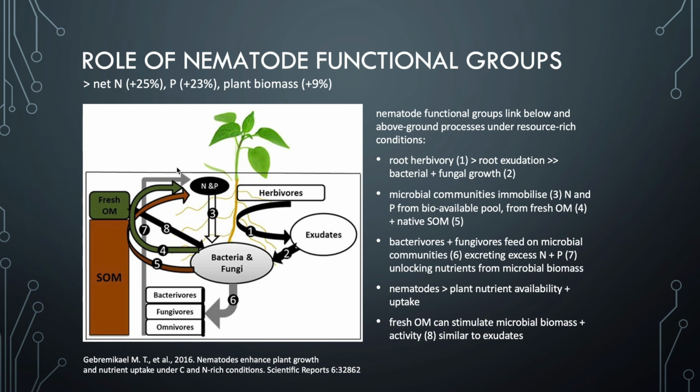So you can see in this diagram the role that herbivorous nematodes play in the soil ecosystem because of their very intimate relationship with plants. Now we can jump into examining this relationship further, the dynamics between plant parasitic nematodes or herbivorous nematodes and plant growth and plant community development.